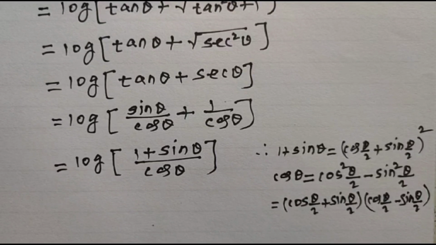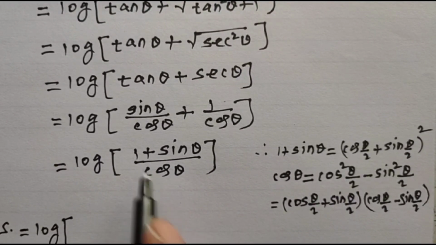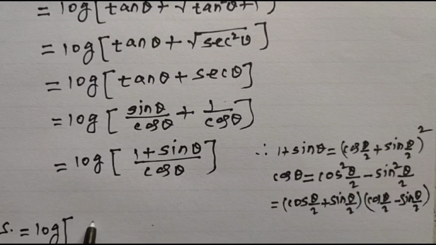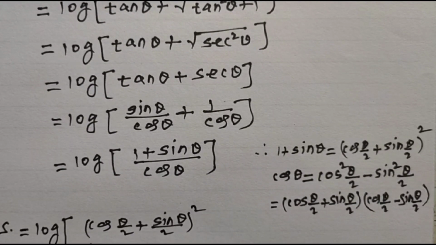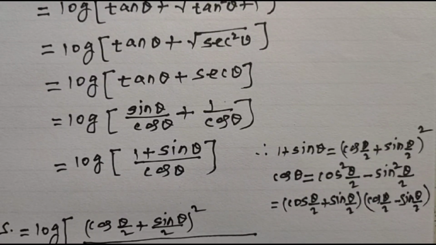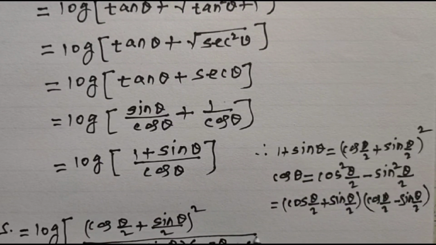Hence LHS is equal to logarithm of, replacing 1 plus sin theta by this, (cos theta upon 2 plus sin theta upon 2) squared divided by, in one bracket, cos theta upon 2 plus sin theta upon 2, and in another bracket cos theta upon 2 minus sin theta upon 2.